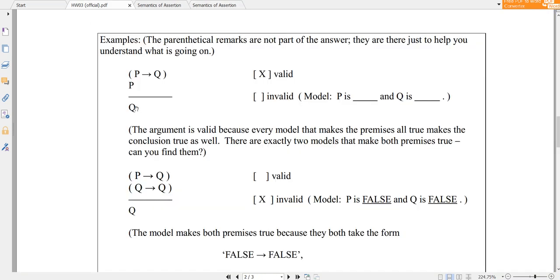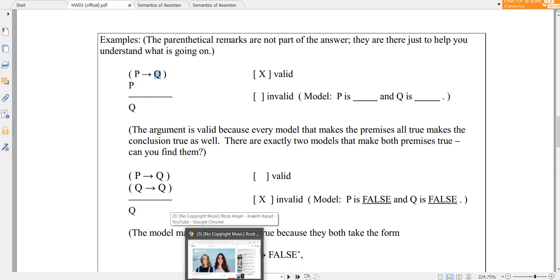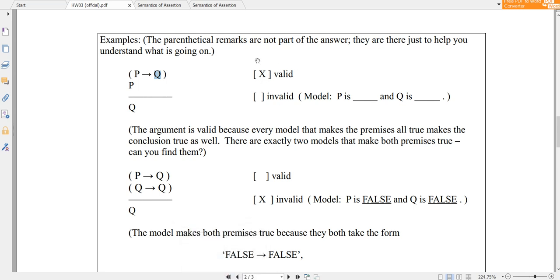You make the conclusion false, you assign an F to that, then you have an F up here. You make P true because you're trying to get true premises, but then you have a T here and an F here, which makes this false. That's impossible. You can't get it to be invalid. So that means it's valid.